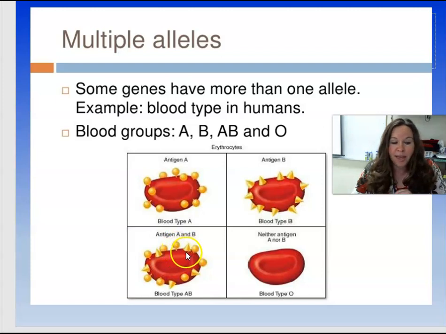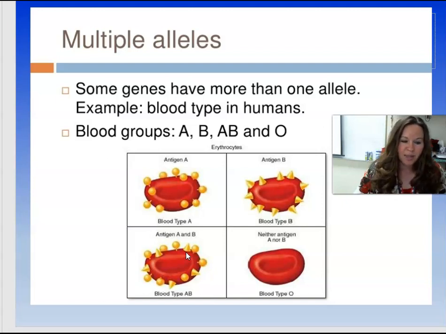Oh, there's the B antigen. They're not blended like a red and white making pink. I can distinguish that they're both present separately, or together, I guess you could say. So that's codominance. You don't get the blending effect, but both alleles are definitely dominant, and both alleles will be expressed equally. You will make both proteins.